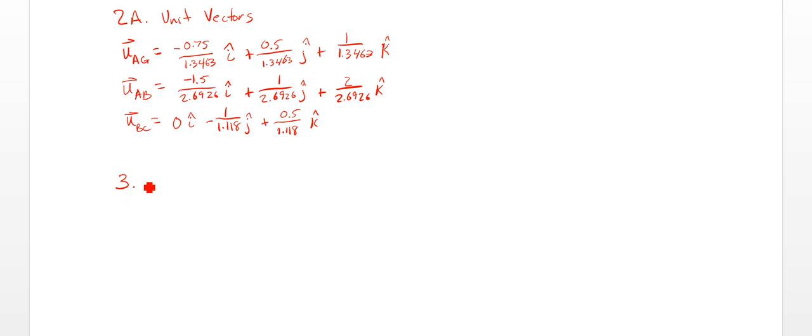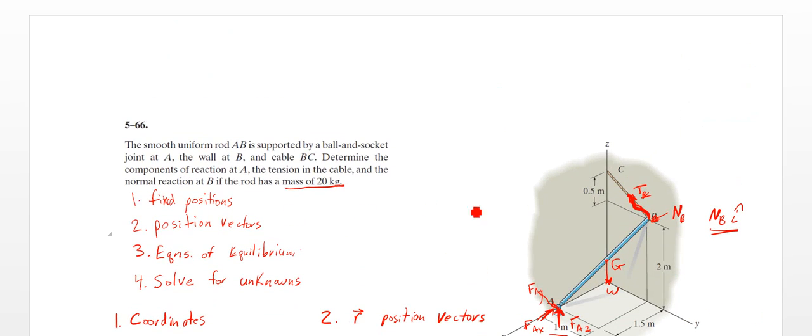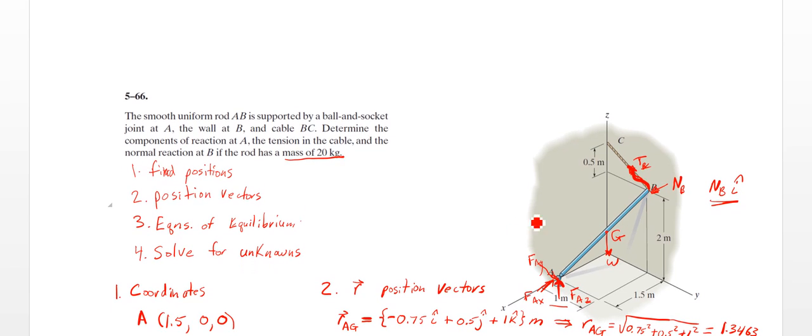Step 3. Alright, so the sum of the forces in X are 0. What does that mean? Let me zoom back up here for a second. What's acting in the X direction?